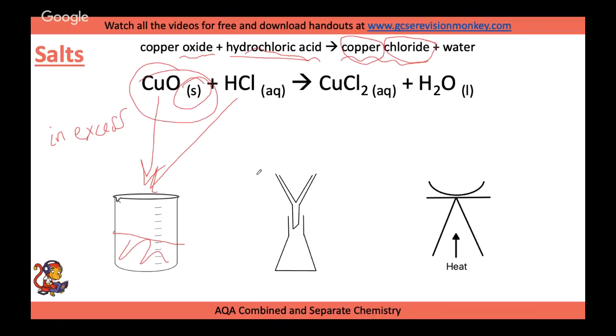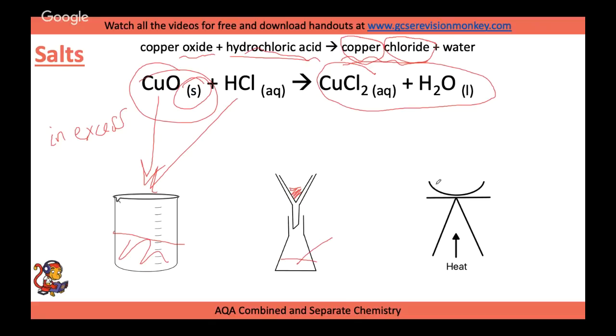Because you've got excess in there, you will then need to filter it using a conical flask, a funnel, and don't forget the filter paper in here, and that will collect any of the excess solid that you don't need. So in here, you should have your copper chloride solution in the water. So copper chloride solution, copper chloride dissolved in the water.